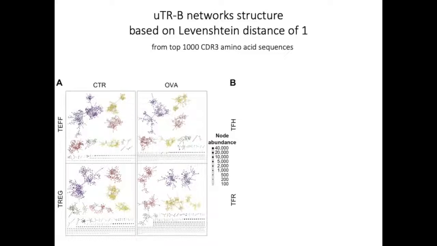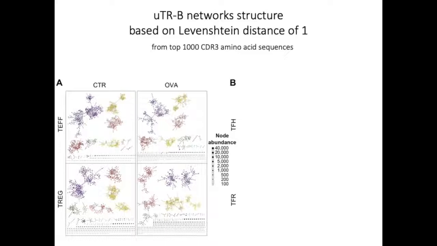And we did what many do, which is plotting the structure of the repertoire based on the Levenshtein distance of 1, meaning that you allow 1 amino acid difference between 2 TCRs to link them.